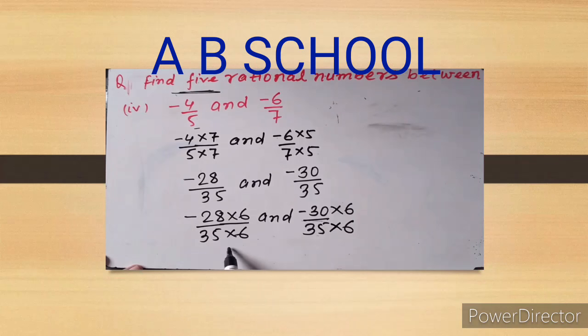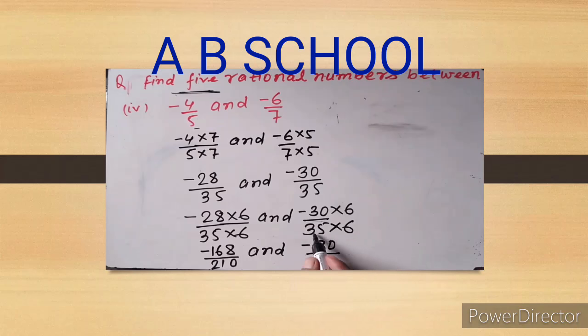Now multiply it. 8 6s are 48, 4 carry, 6 2s are 12 and 4 is 16, -168 upon 6 5s are 30, 3 carry, 6 3s are 18 and 3 is 21, -168 upon 210, and 6 3s are 18, -180 upon, when you multiply 35 by 6, what do you get? 210.